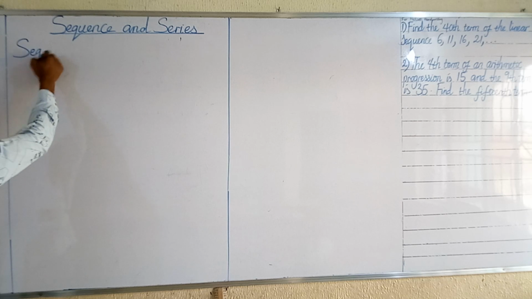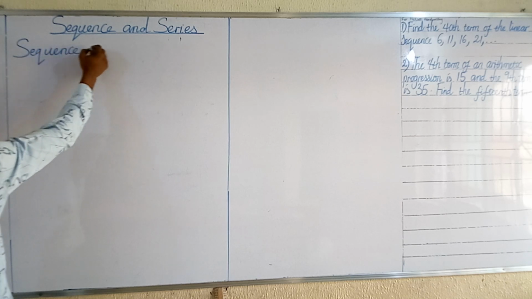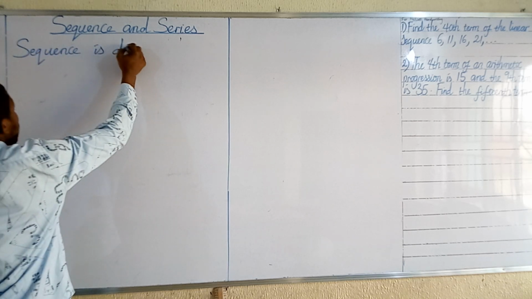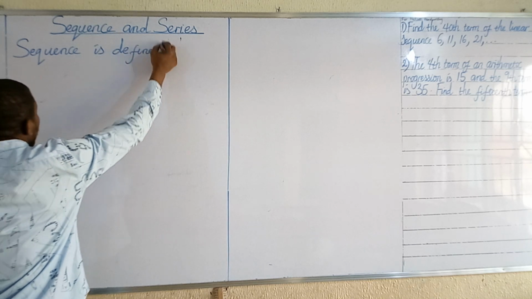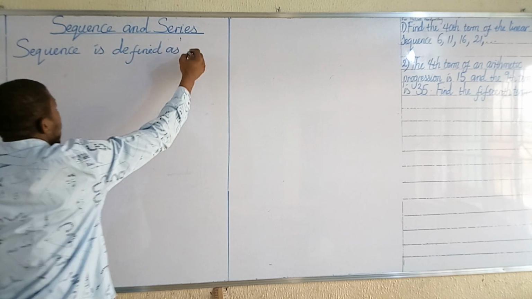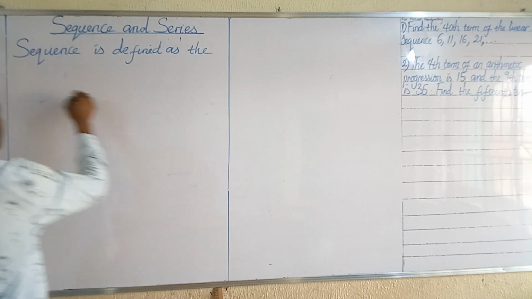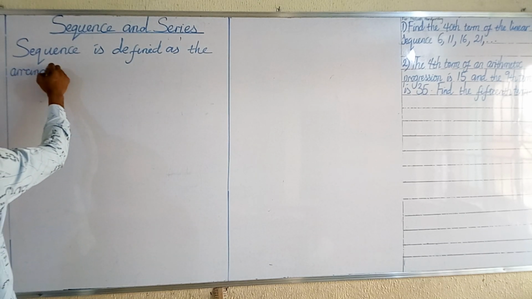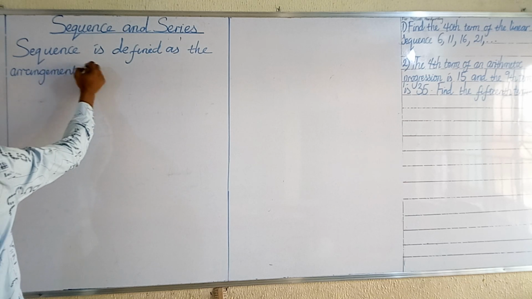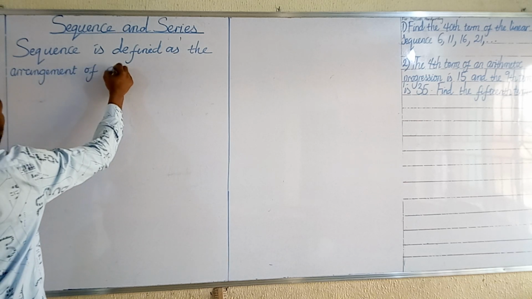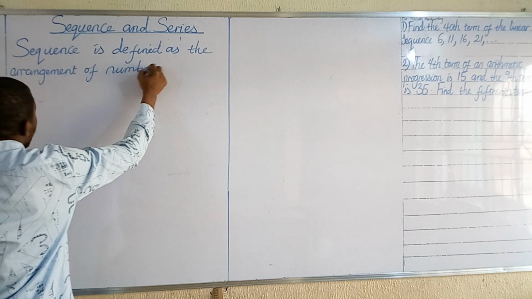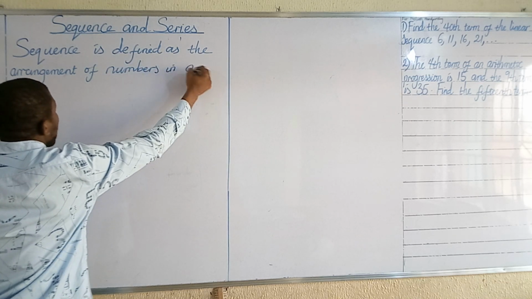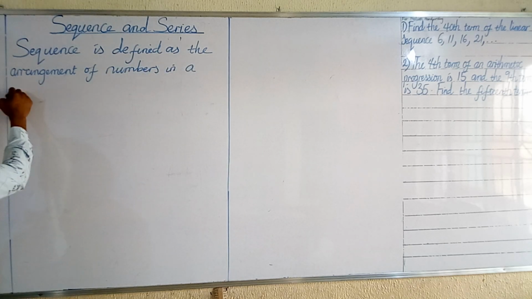Sequence is defined as the arrangement of numbers in a particular order.